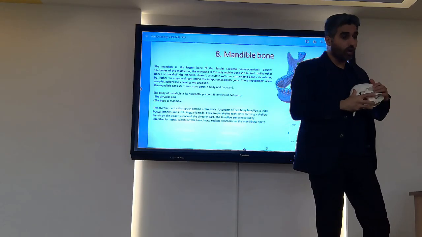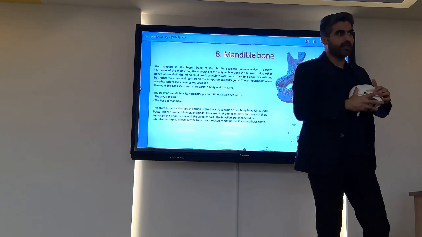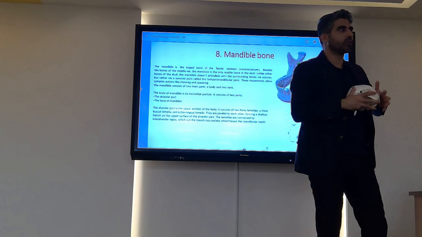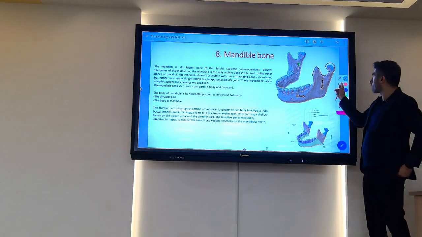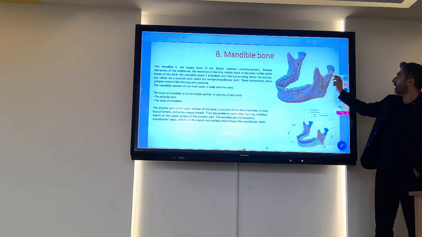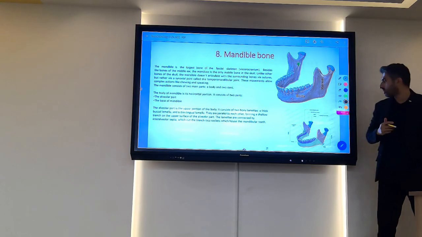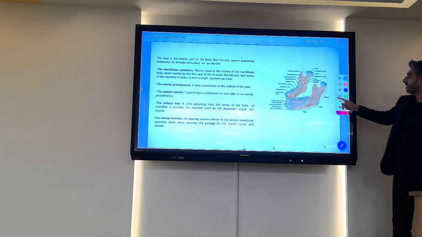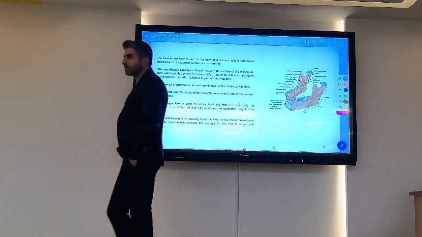The end of the temporalis muscle, the insertion of the temporalis muscle, attaches to the coronoid process. Between condylar process and coronoid process, we have a notch, the mandibular notch. So let's see the mandibular bone with more details.